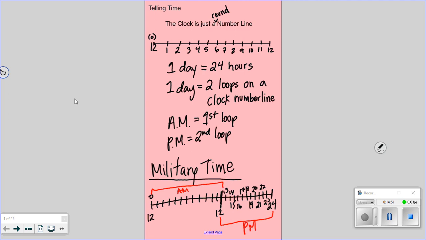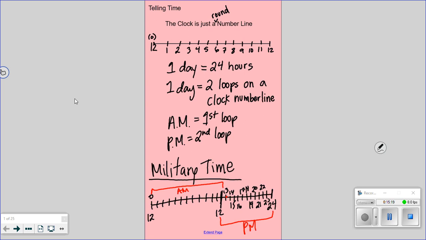So when we are using military time, it's still the same time, just said in a way that the military would say it. If I am talking about 1 o'clock p.m., I'm not going to say 1 o'clock p.m. I'm going to say 13, because that's where my 1 would be.